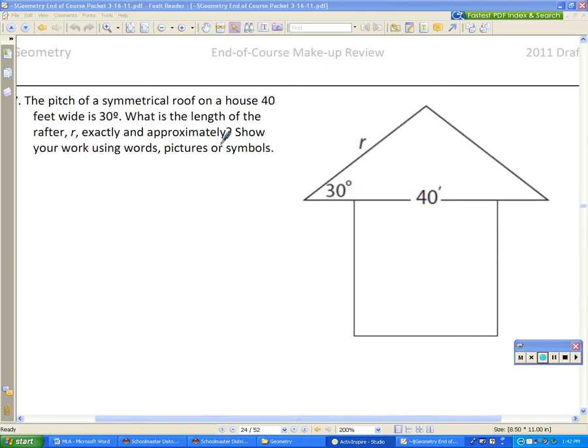So is that our exact or our approximate one? That's the exact. Okay, so how do I get the approximate one? You go 40 divided by the square root of 3. And what do you get from that? About 23? 23 feet. Okay?